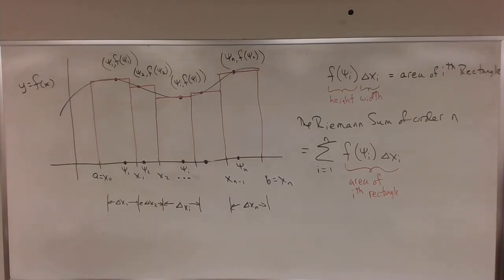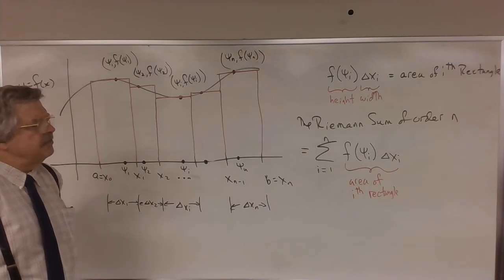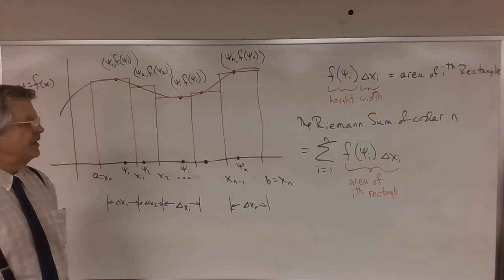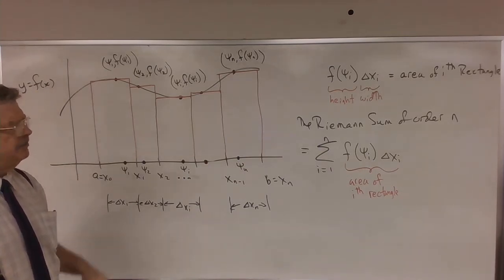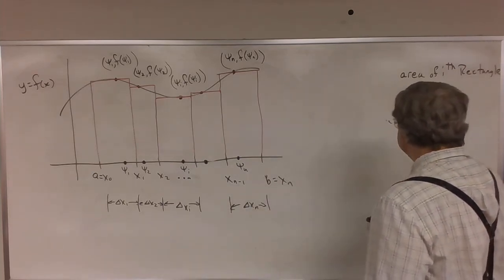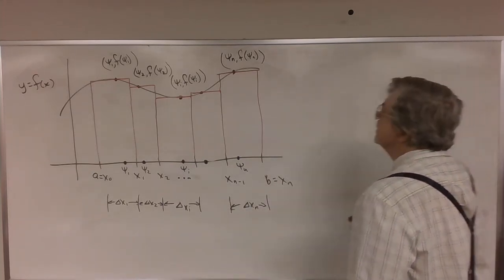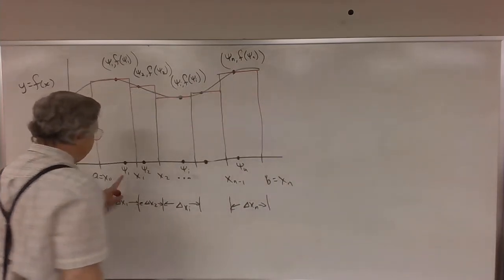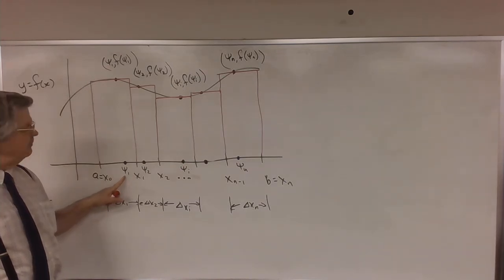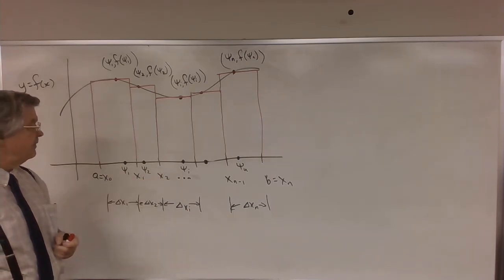Something else that I might want to introduce, and this is mainly for theoretical purposes only. In this illustration, I very randomly and whimsically chose the values of psi 1, psi 2, and so forth.